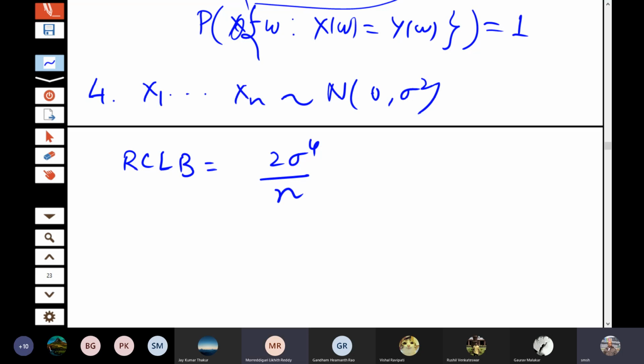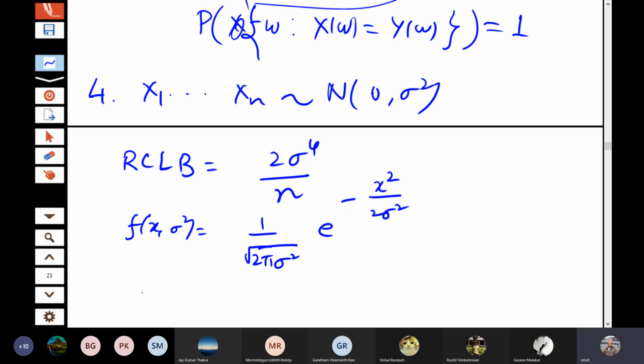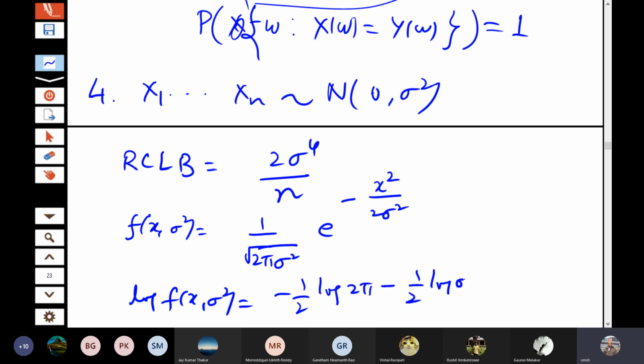I'll just give you a hint here. You have written the f(x) here: 1 by root 2 pi sigma square e to the power minus x square by 2 sigma square. So log of f(x) is equal to minus 1 by 2 log 2 pi minus 1 by 2 log sigma square minus x square by 2 sigma square.